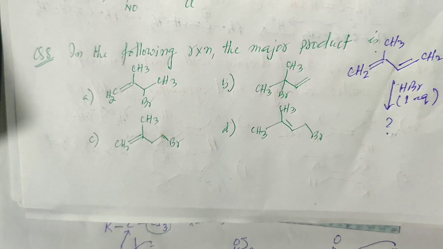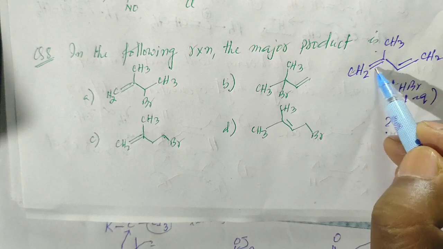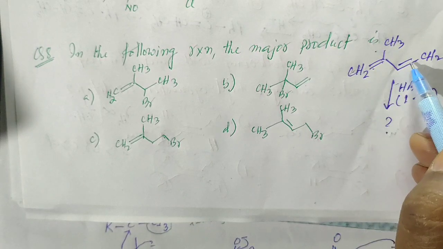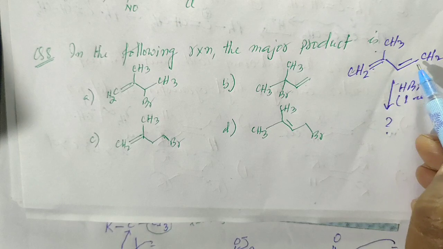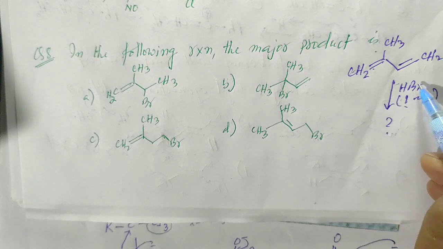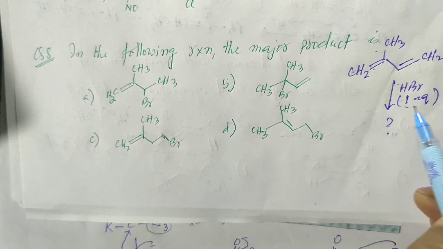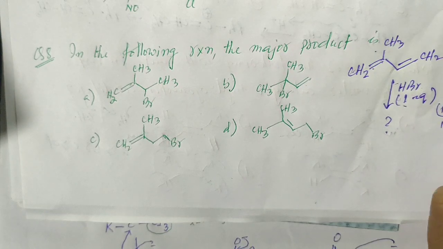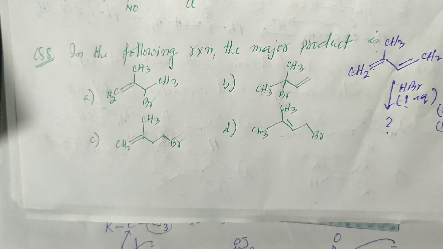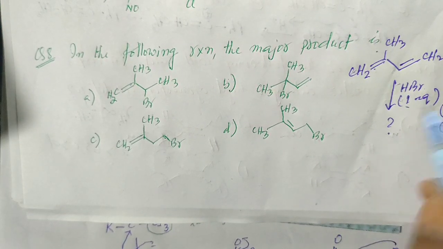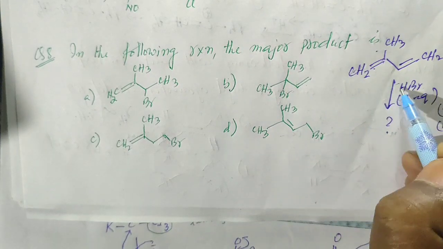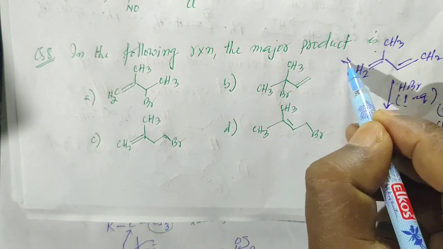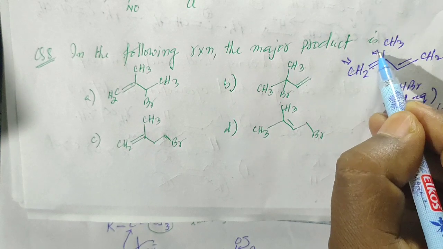Okay, now let us solve this question. When the alkene contains two double bonds and 1 equivalent of HBr is added, remember, there are two modes of addition, 1,2 addition and 1,4 addition, and in this case 1,4 addition takes place actually. This is very important. So 1,4 addition means one of these two will be added to this carbon atom and another one will be added to this carbon atom.